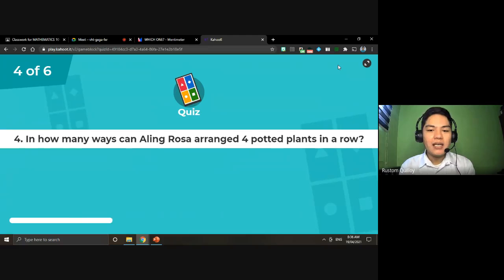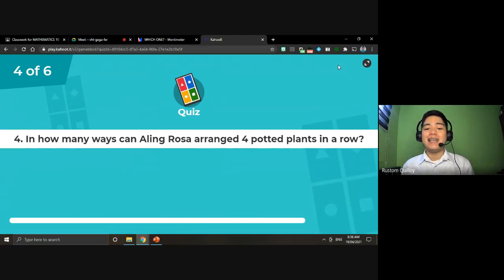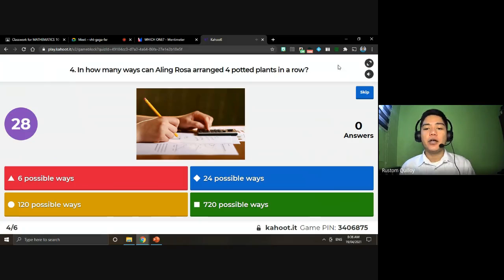Next. In how many ways can Aling Rosa arrange 4 potted plants in a row? 6 possible ways, 24 possible ways, 120 possible ways, or 720 possible ways.